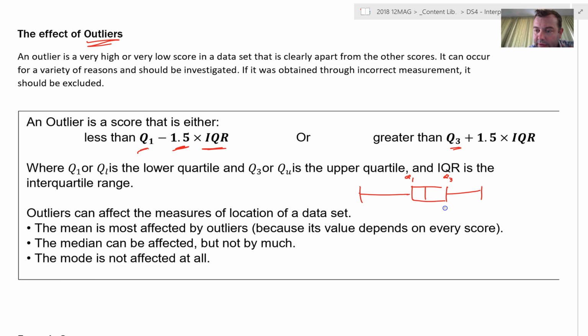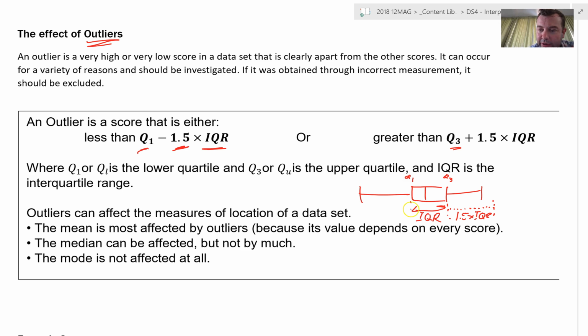And this distance here is the interquartile range. Now, if I go 1.5 times that from Q3, if I go up to here, that's my acceptable range.